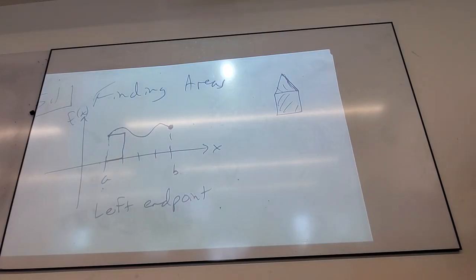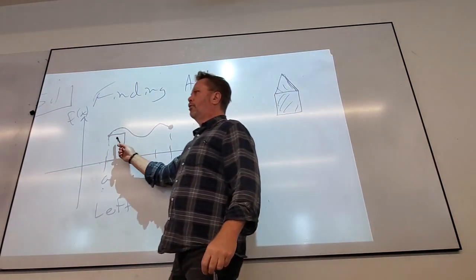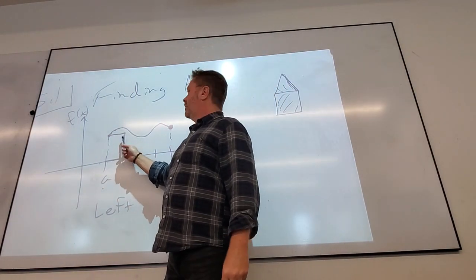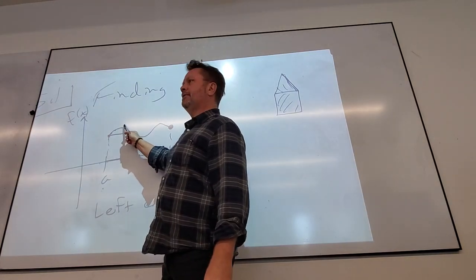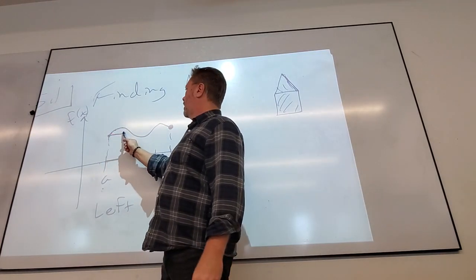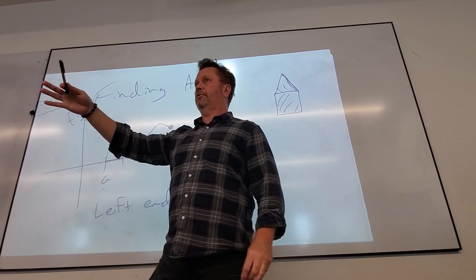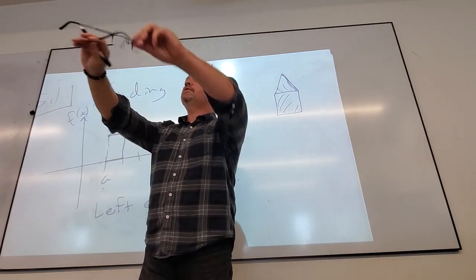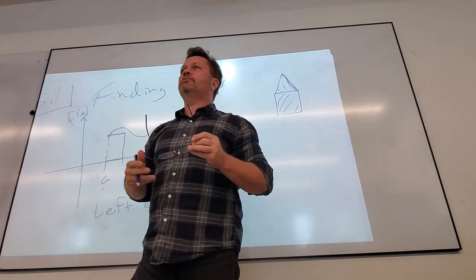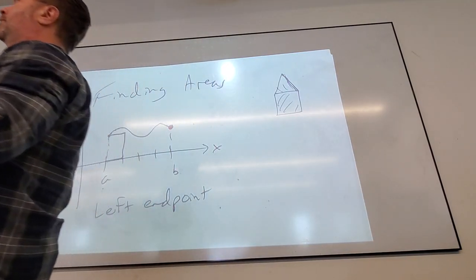I could have used the right. Is that going to be an under or over estimate? Under. I could have used the right endpoint. Yes? Then that would have been an overestimate, correct? But you see how either one's fine, because we're just getting an estimate.